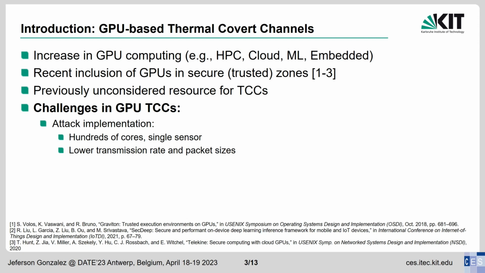This, in consequence, produces lower transmission rates in GPU-based thermal covert channels, while affecting implementation aspects such as packet sizes. Secondly, on the countermeasure side, traditional CPU-based techniques against thermal covert channels, such as dynamic voltage and frequency scaling, produce much bigger performance degradation when affecting GPUs, as I will show further in this presentation.